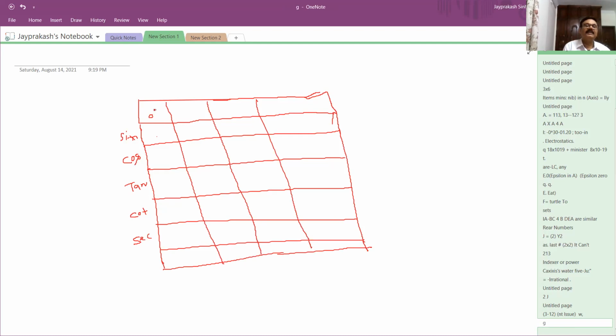This is 0 degree, 30 degree, 45 degree, 60 degree, and this is 90 degree.